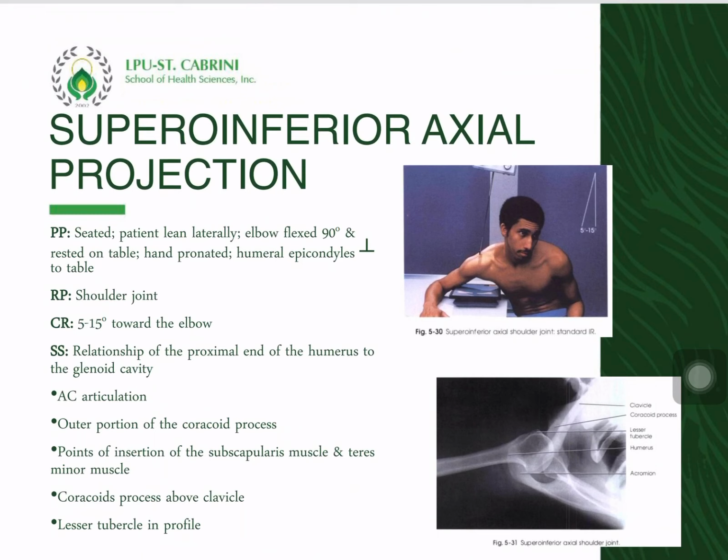We have to rest the patient's elbow on the table and flex it 90 degrees with the hand in prone position. The central ray is directed 5 to 15 degrees through the shoulder joint towards the elbow. This projection will show the joint relationship of the humerus and the glenoid cavity.